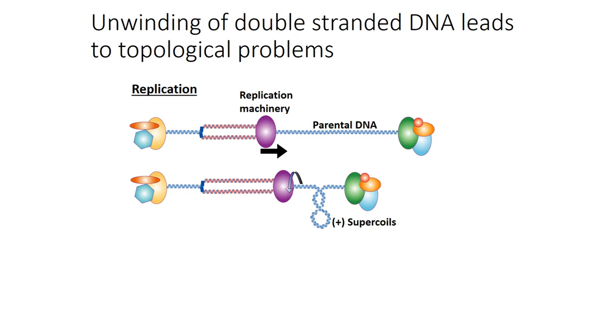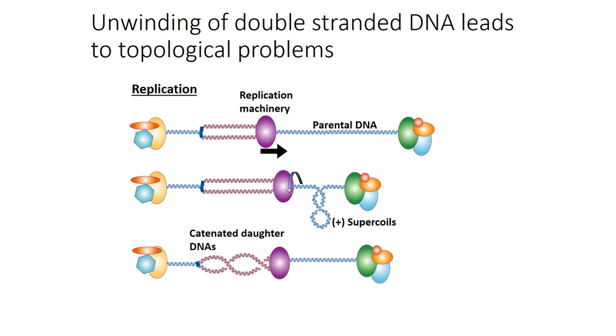How can you get rid of them? Because worst case scenario, the whole machinery will stall. You could think, okay, the replication machinery itself could rotate, but this is going to give you a different problem. So you will catenate the DNAs. And the problem here is, if you want to separate during the cell division, well, this is also going to be a huge problem.